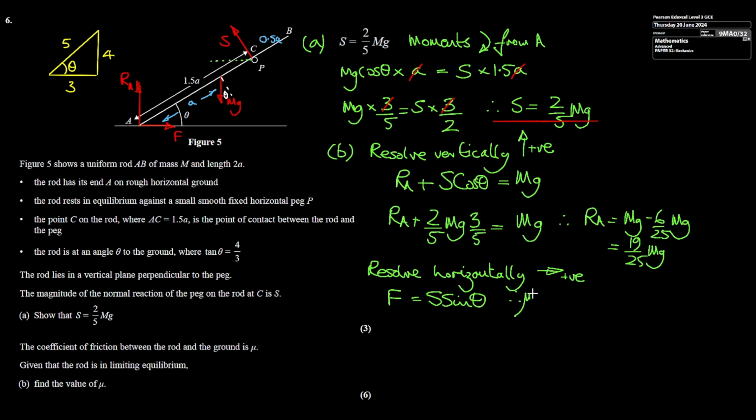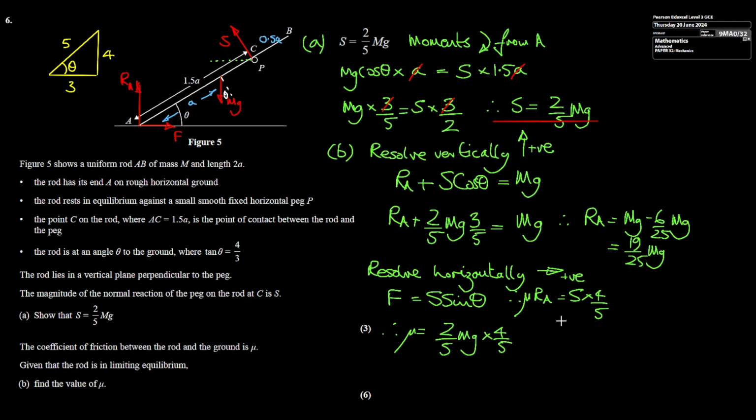So this is mu RA is equal to S, and I might as well put the sine theta in. Sine theta will be the opposite over the hypotenuse. So this is 4/5. We need to make mu the subject, so therefore mu equals S, which is 2/5 mg, multiplied by 4/5.